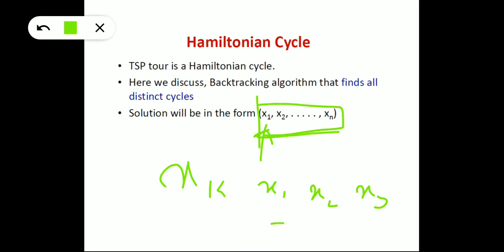This gives us a sequence of vertices that we are visiting in the graph, and when we make an entry of some vertex xk into the solution vector, we also check that there is an edge existing from xk to xk minus 1.